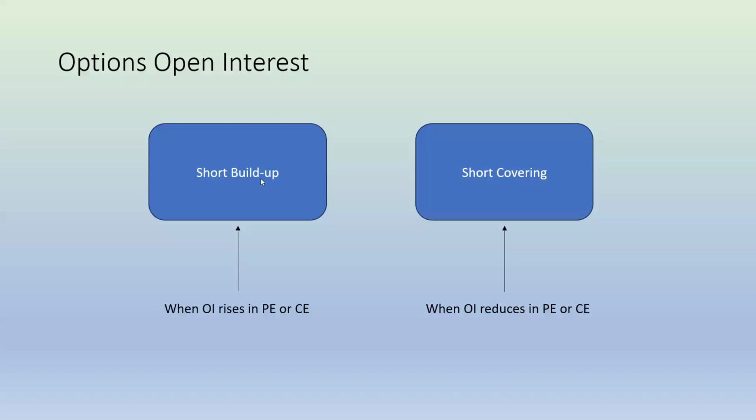Suppose in Nifty we see the 22,500 put, and the open interest has increased from say 1 crore to 1.5 crores. So there is a 50 lakh addition of open interest. That means, as a general understanding, that writers have written 50 lakh more contracts worth of Nifty, right?